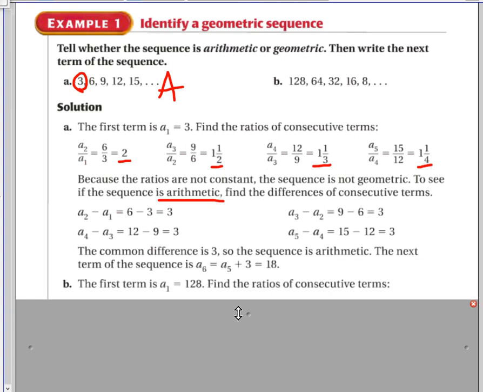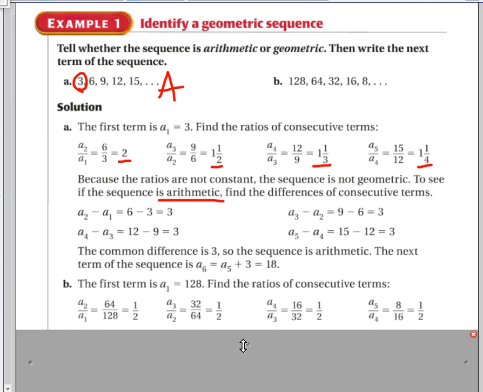Here it is: 64 divided by 128 is 1/2. 32 divided by 64 is 1/2. 16 divided by 32 is 1/2, and 8 divided by 16 is also 1/2. Since all of these have 1/2 in common, this is a geometric sequence.